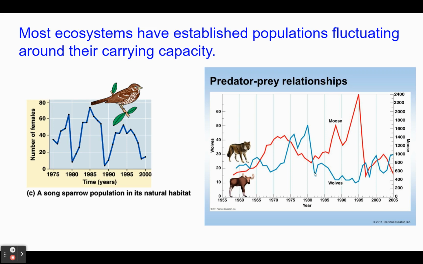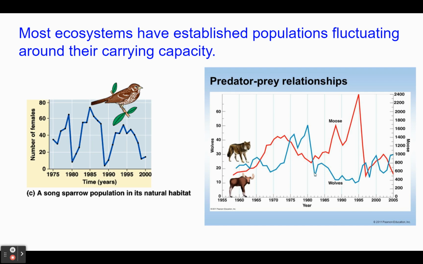And as time goes on, this pattern is going to repeat where the moose population will grow back, and that's going to cause the wolf population to grow back. And then as there's too many wolves, our moose population is going to decline, and then that's going to cause the wolf population to decline. So they're fluctuating, and they're going to actually fluctuate in some kind of an inverse pattern. So this is showing a predator-prey relationship.